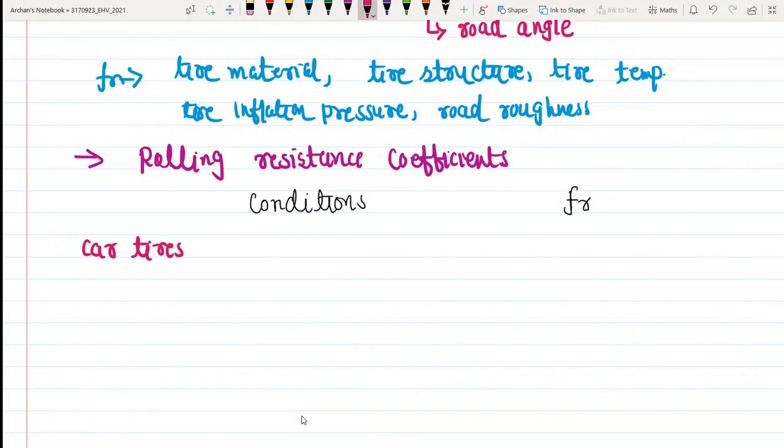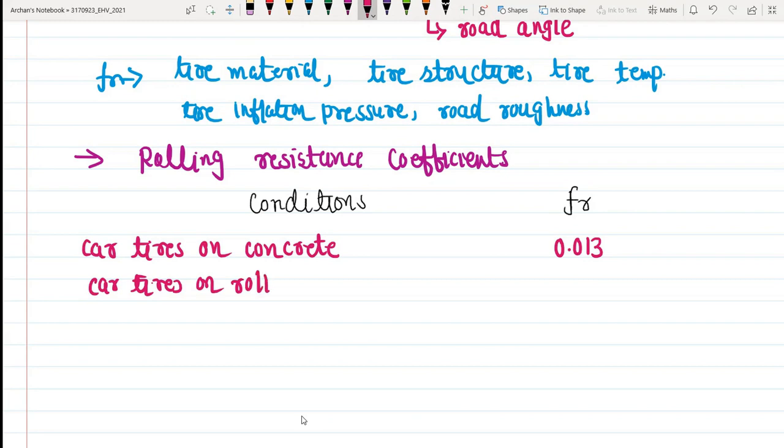Let us say the first condition is where our car tires are on concrete. Whenever our car is running on a concrete road, the rolling resistance coefficient will be 0.013, right? Suppose my car tires are on rolled gravel, at that time the rolling resistance coefficient will be 0.02.